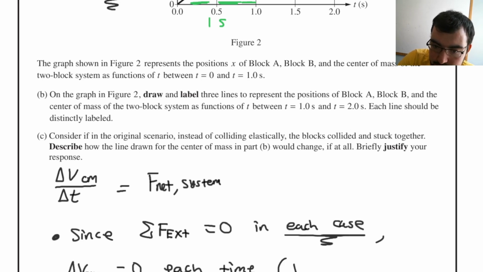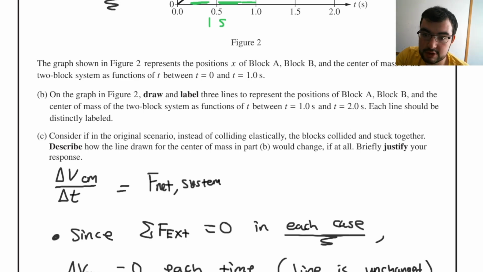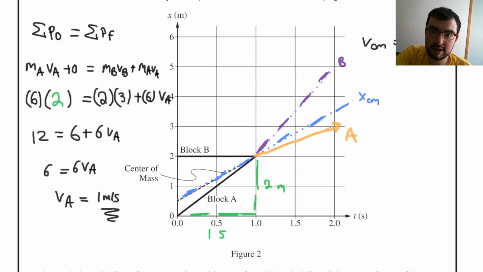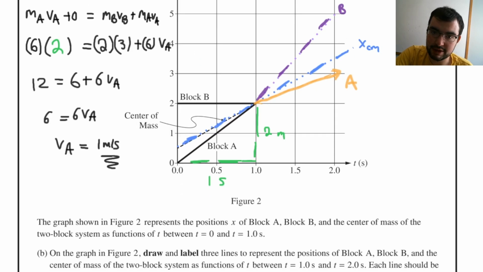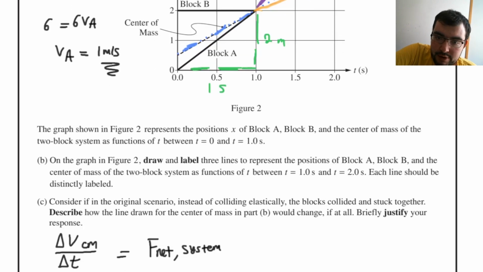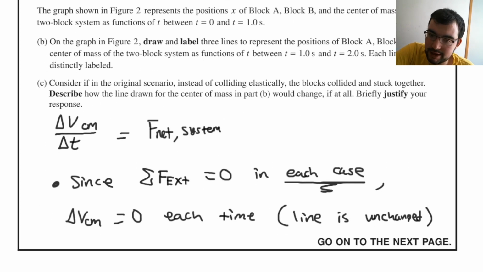So this means the line is unchanged. And interestingly enough, if they did collide perfectly inelastically, their shared velocity would be the center of mass velocity. You could compute that their shared velocity after the collision is going to be just the momentum of A divided by the total mass.